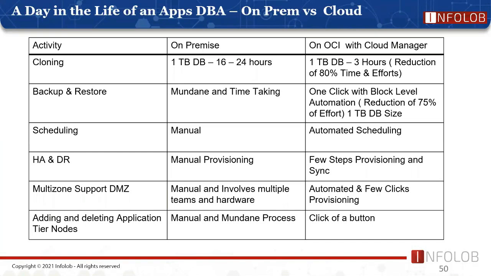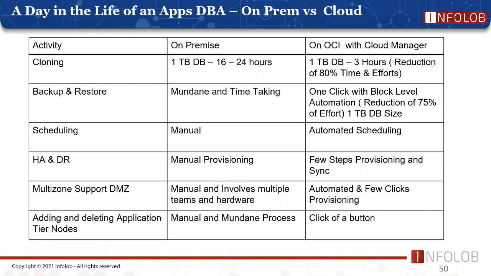It varies with the hardware and whatever it is. But when I do the same 1 terabyte DB along with EBS, it takes a maximum of 3 hours. I've seen this, a reduction of 80% in time and effort on OCI using Cloud Manager.